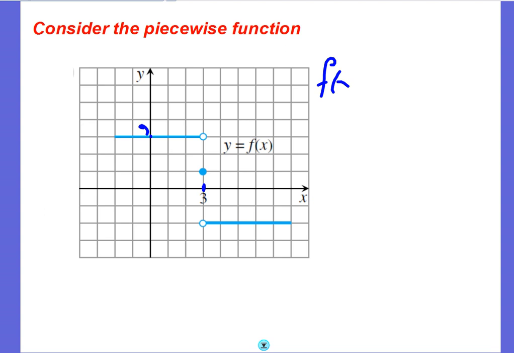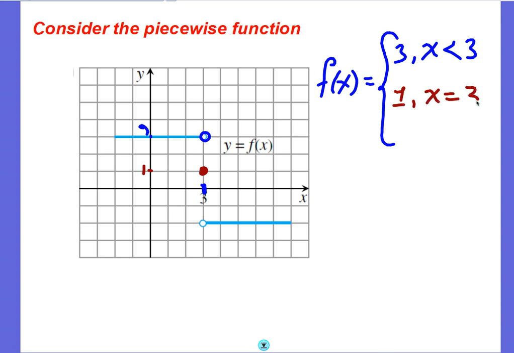So we write f of x is equal to 3 when x is strictly less than 3, because you have an open dot there. At the point 3, you see there's this solid dot, and that is 1. So f of x is 1 when x is equal to 3.